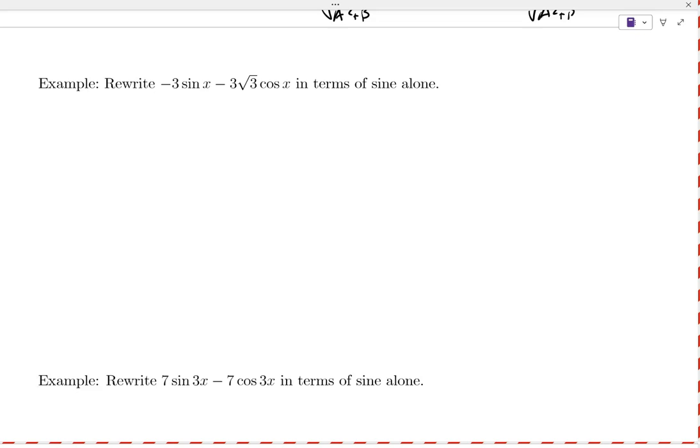All right, so again, first thing you want to do, figure out what square root of a squared plus b squared is. That's what you're going to multiply and divide by. Okay? All right, so square root of a squared plus b squared is going to be square root of 9 plus, because negative 3 squared is 9, negative 3 root 3 squared will give you 27.